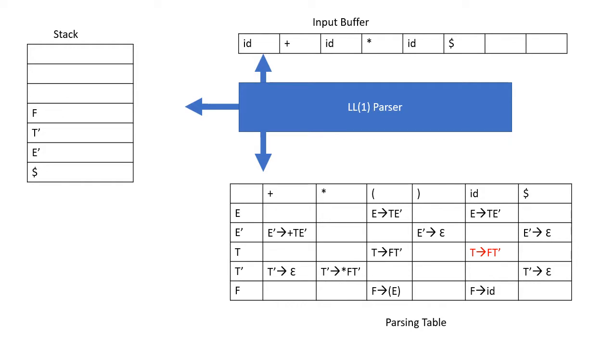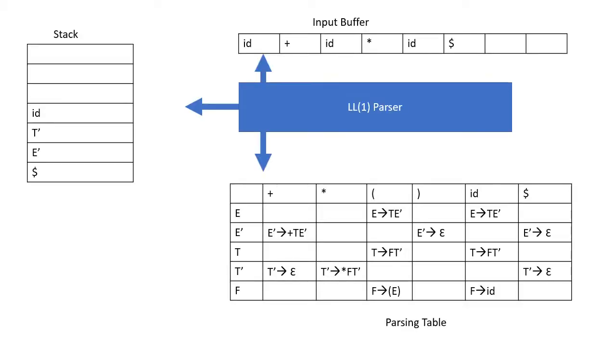Now F and ID. So next we will compare F and ID. F and ID, we get again another generate step. F can be replaced by ID. Here we will see that F has been replaced by ID.